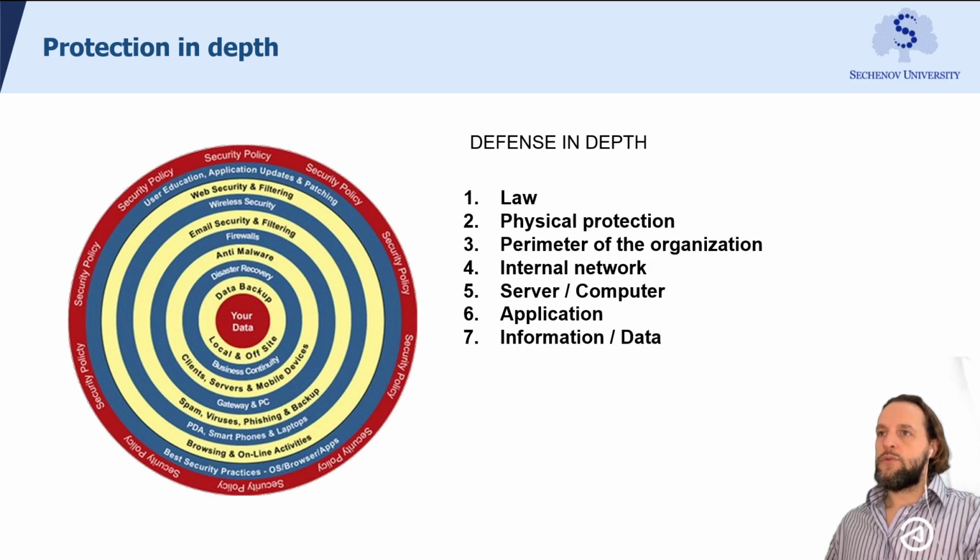So these 2 layers are about physical access to the organization, and it's not information technology. Maybe involvement of IT technologies is quite low on these levels. Next one will be internal network. Next are our servers, computers, and hardware. Then we have applications, our software products, and on the last level it will be information or data itself.